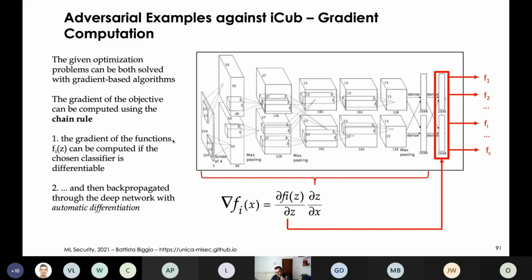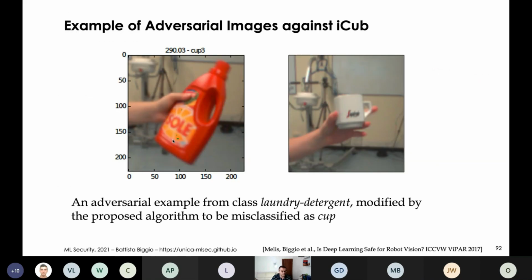Okay, but that's the mechanism. In these new Python libraries, you just call the function gradient or backward, and you get the gradient almost for free, without having any need of computing things by hand. In this case, the gradient can be computed fairly easily, and this is just an example of how you can manipulate the input data to have it misclassified. Here you have this detergent, which is misclassified as a cup.